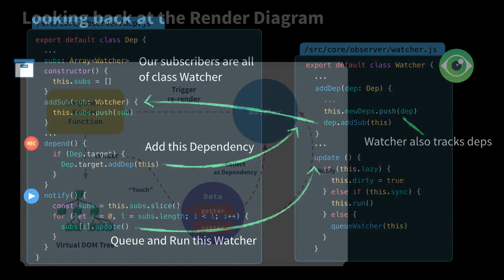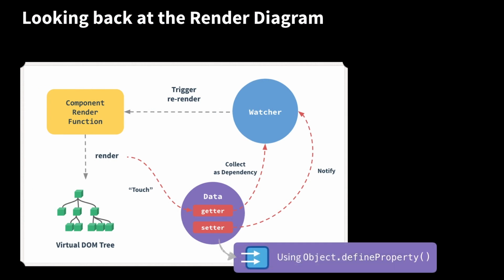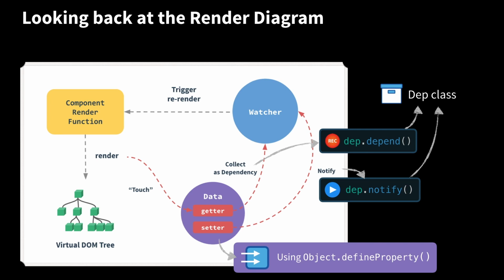All right, let's look back at this render diagram one more time. Remember, we have our getters and setters. That's using Object.defineProperty. When get is called, it's collected as a dependency, calling dep.depend on our dep class. When a set is called, it's going to be calling dep.notify, also on our dep class.